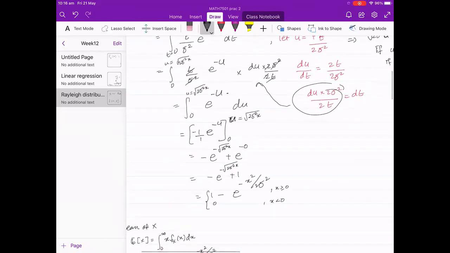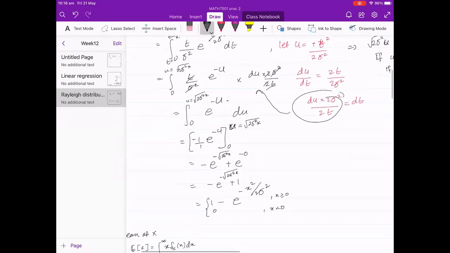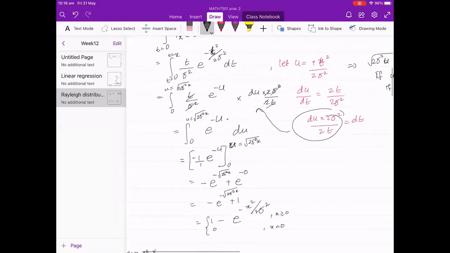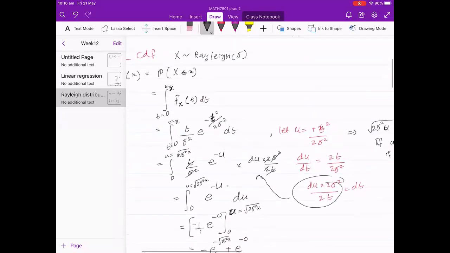So that gave us, substituting back what is u, we get 1 minus e to the power minus x squared divided by 2 sigma squared for when x is positive. Okay. So that's the CDF.